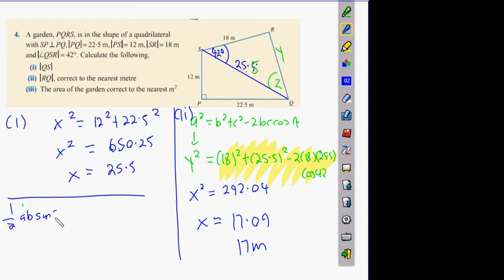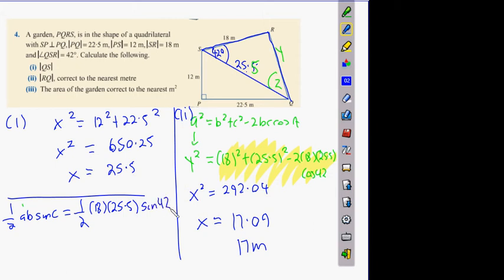For the blue triangle, I'll put this triangle in blue. What can we use? We can use a half times 18 multiplied by 25.5. And what angle's in between them? Come on guys. What angle's in between 18 and 25.5? 42.